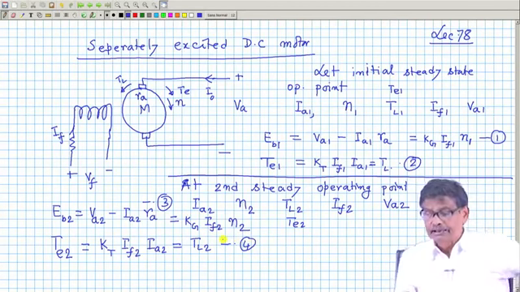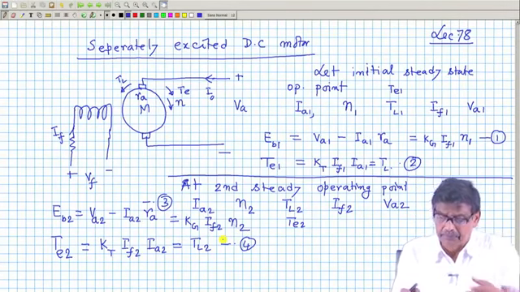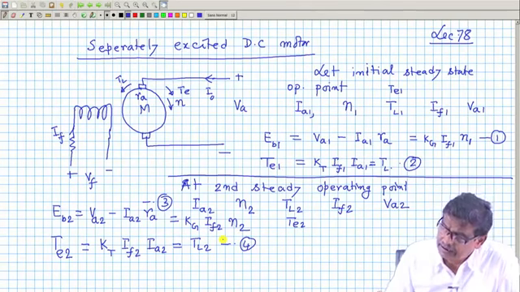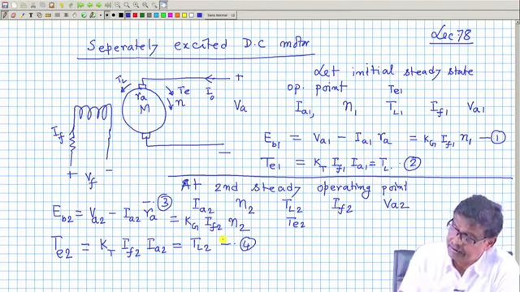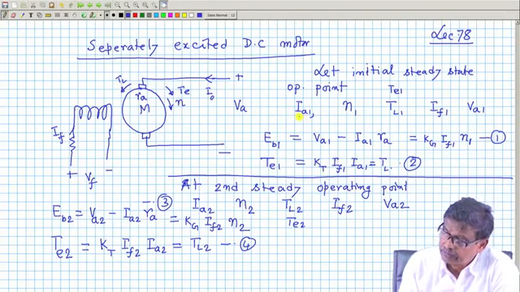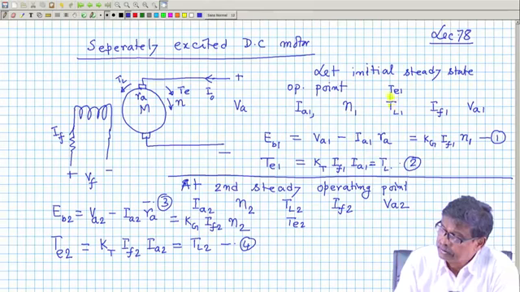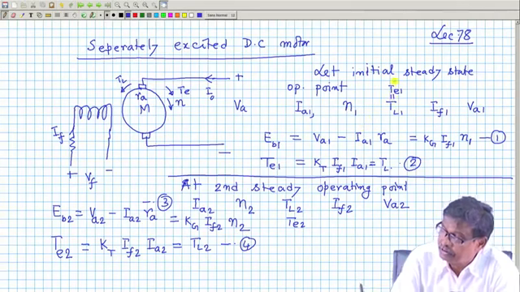So, what am I telling? For a separately excited motor, this is the general condition, with applied voltage VA and IF. Suppose I observe that the motor is running in a steady condition, drawing an armature current IA1, running at a speed N1, with load torque TL1, and it must have developed the same electromagnetic torque, T1 and TL1 are the same.